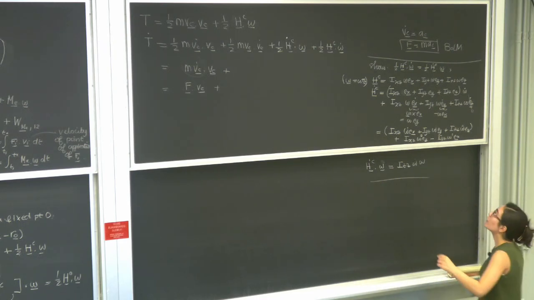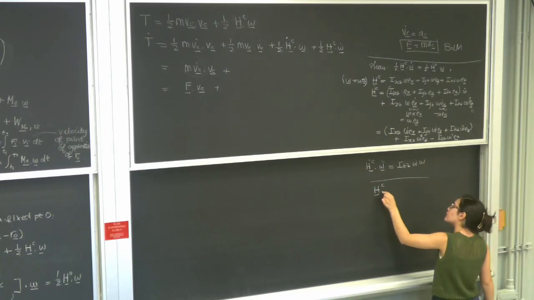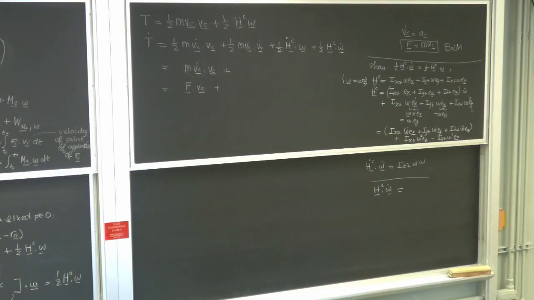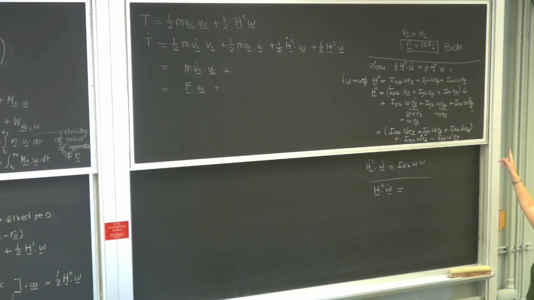And then if I want to calculate H_C dot omega dot, what is that equal to? This is quicker to calculate. What is it going to be equal to? Exactly, the same thing. When this is H_C, I can dot it with omega.